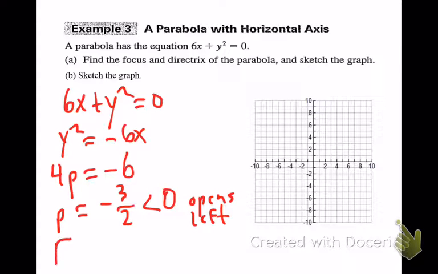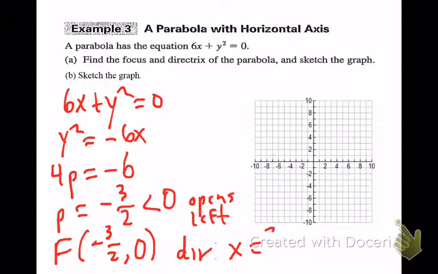And then our focus is negative 3 halves, 0, because the focus x coordinate is the same as p, and then the directrix will have an equation of x equals 3 halves.